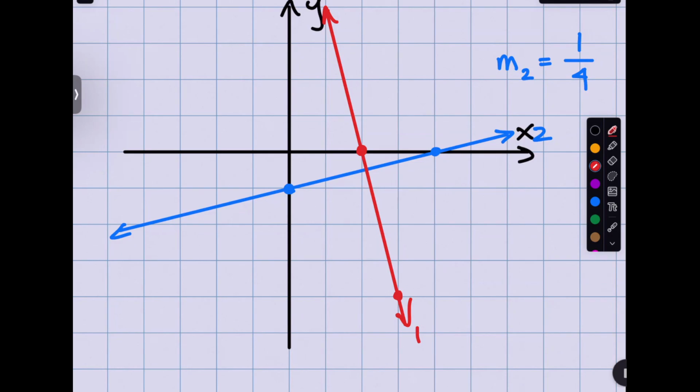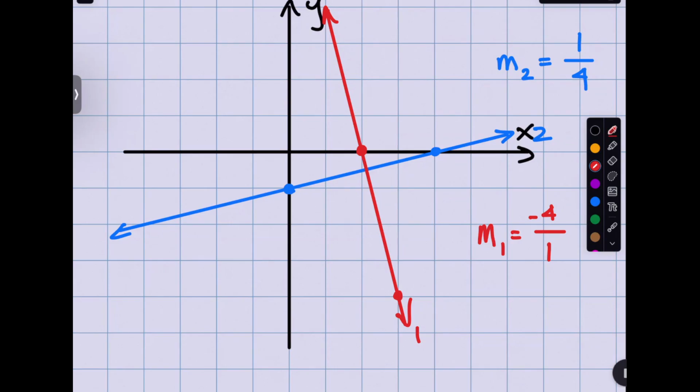So going from left to right, it's going downward, so I know it's negative. So the slope of line 1 is -4/1. So then what I did was I looked at the relationship of the two and said, what's the relationship?